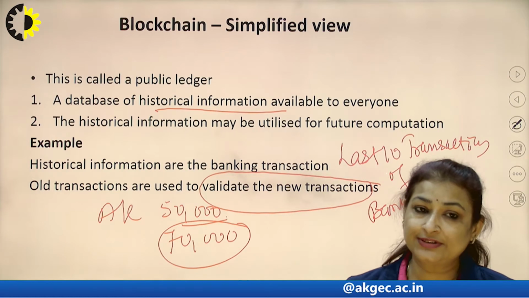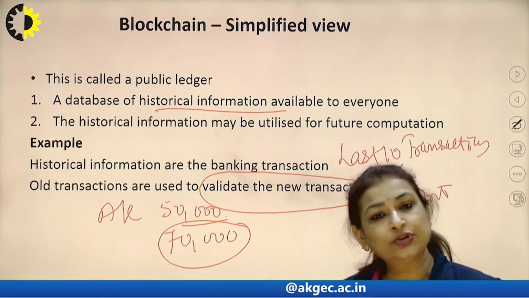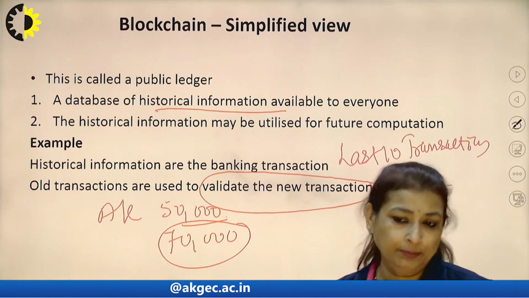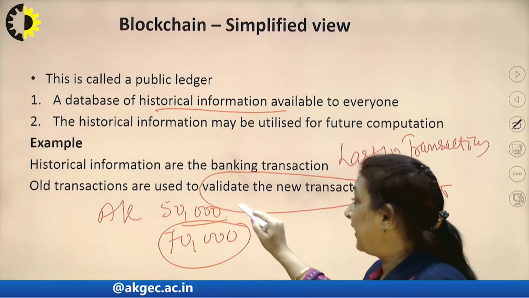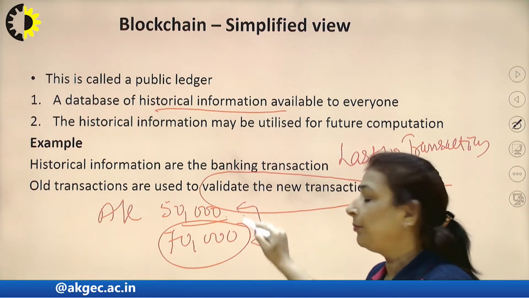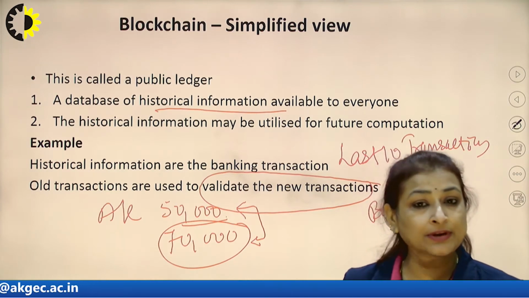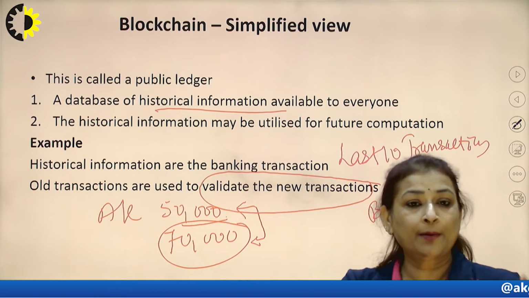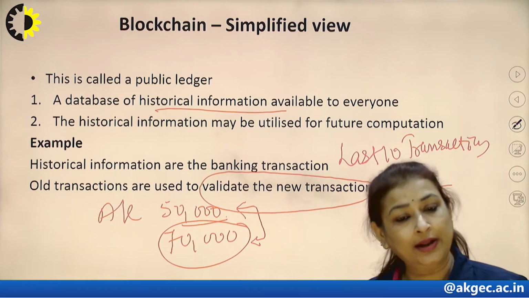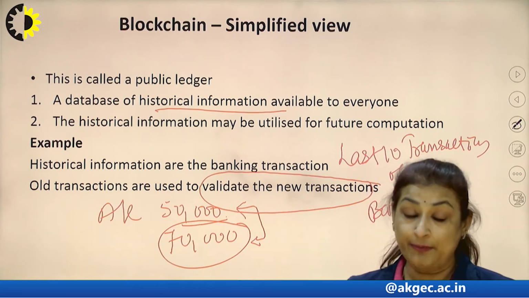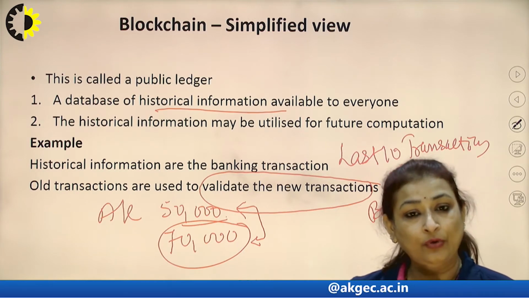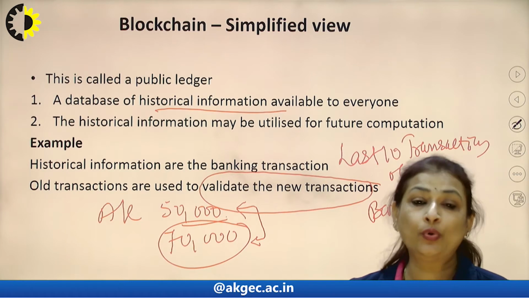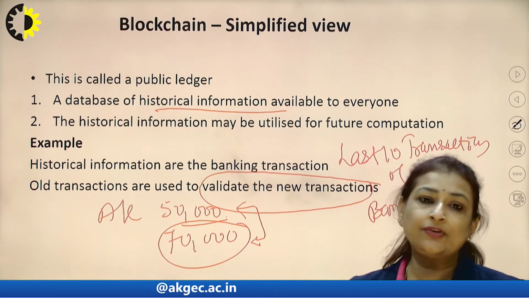When we do this on internet banking, or when we withdraw from the bank, we see that there is no human involvement. Only the system does that update. I have entered 70,000, but they compare the balance with the amount entered. If the balance is less than the amount entered, then obviously it is an invalid transaction. If the balance is more and the amount entered is less, then the transaction is valid.